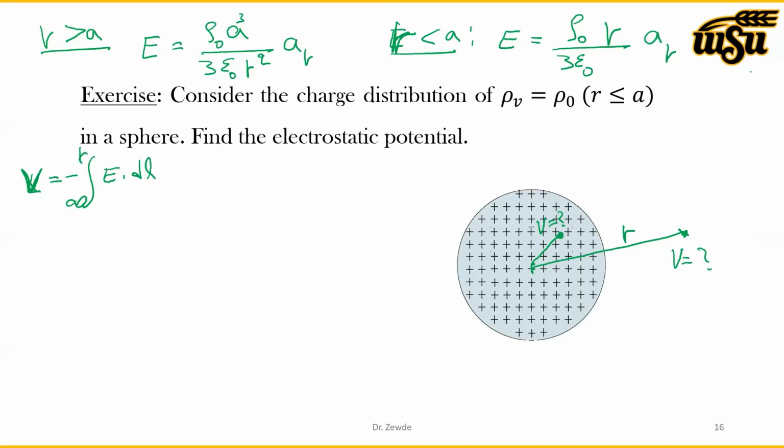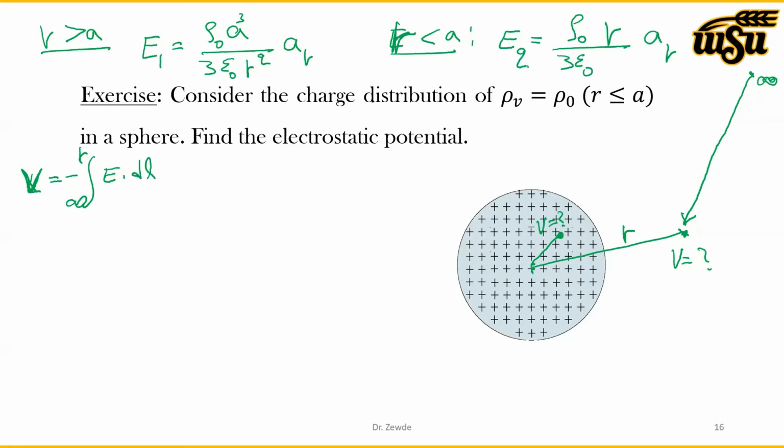So let's say this is infinity. Our goal is to bring this unit charge from here to here, from infinity to this point. Since we are outside the sphere, let's say this is E1, and this is E2.